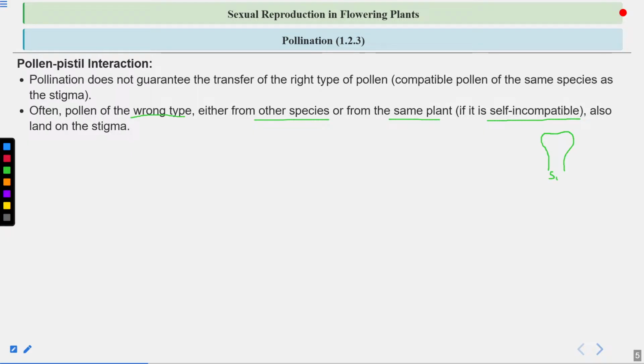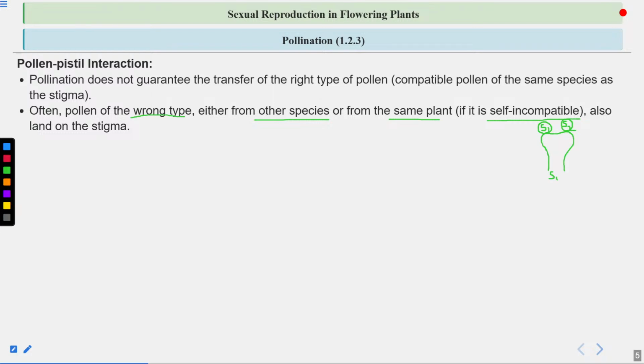Here one of the pollen has S1 type gene and another has S2 type gene. So which pollen grain will be allowed to germinate? Actually, there is an interaction between the pollen and the pistil, and the pistil allows a particular pollen to germinate on the stigma.